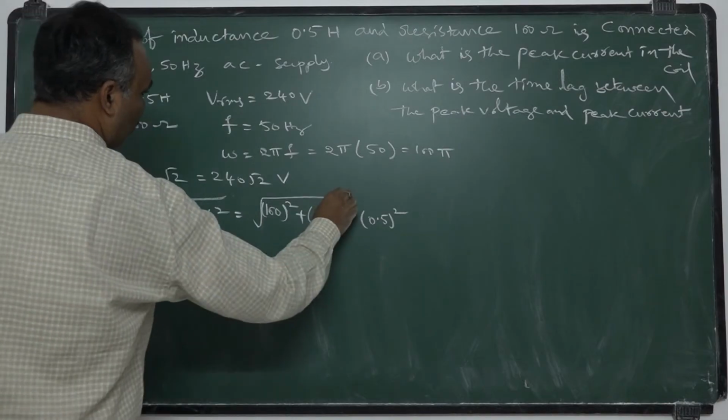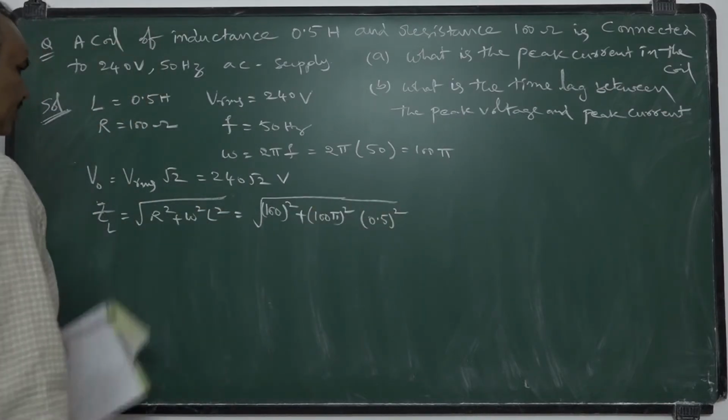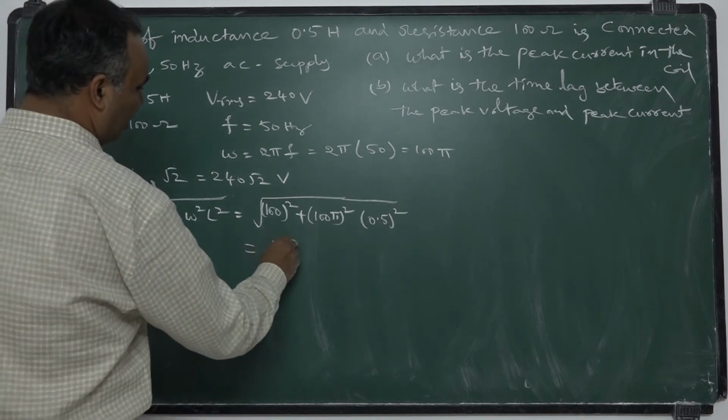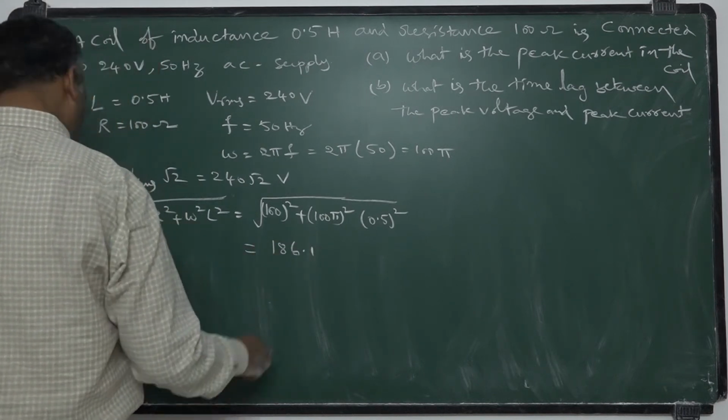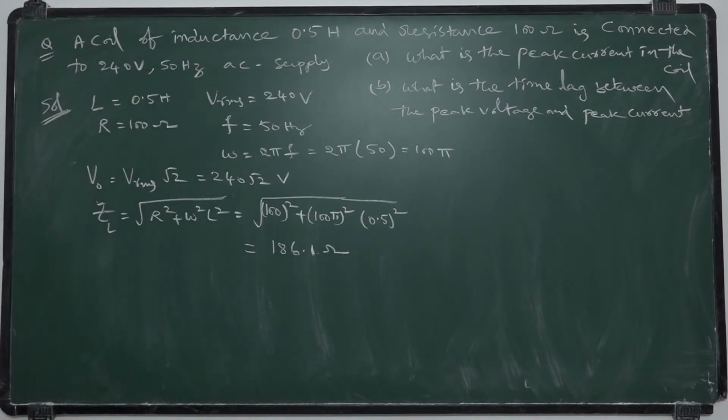Now on simplification of this, you will get 186.1 ohms. 186.1 ohms is the impedance in the circuit.